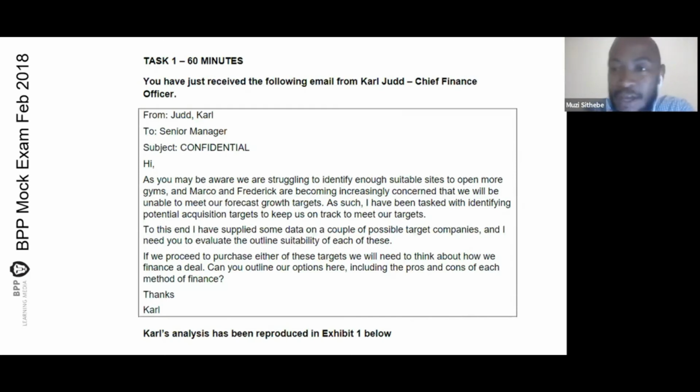But these mock exams are based on the exact same pre-seen that you'll be writing on in the exam. The power and value of that is that by the time you're writing the exam, you would have already practiced a similar scenario two or three times and written two or three exams on the exact same work before.